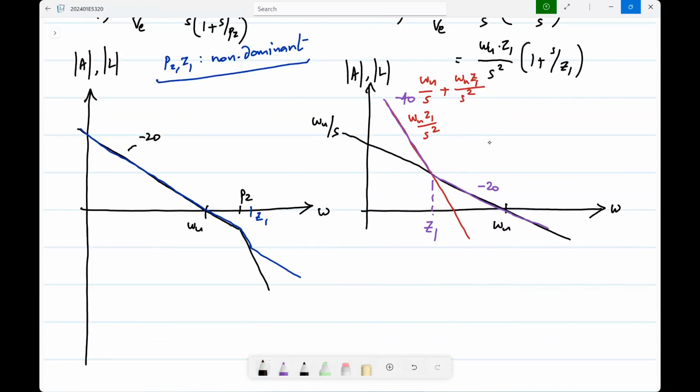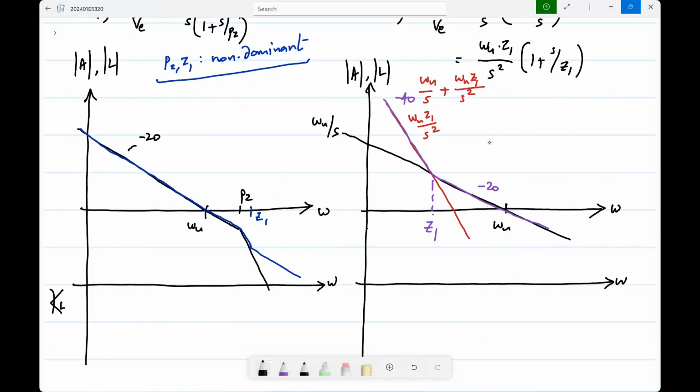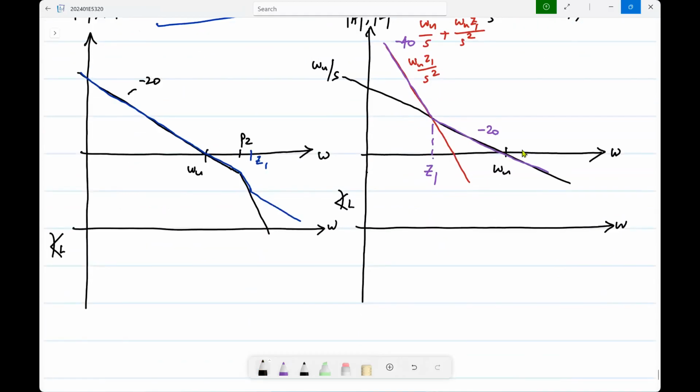And essentially, let me also sketch the phase here. What will the phase look like in the two cases? In the first case, what does it look like? It will start from minus 90 and eventually reach minus 180 if you have only the pole. If you also have the zero, it will go to minus 270.